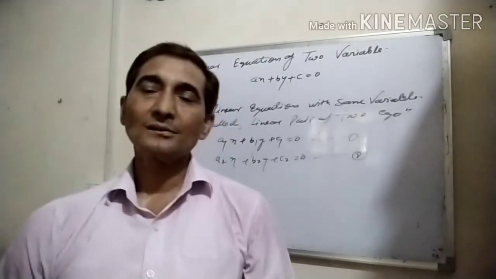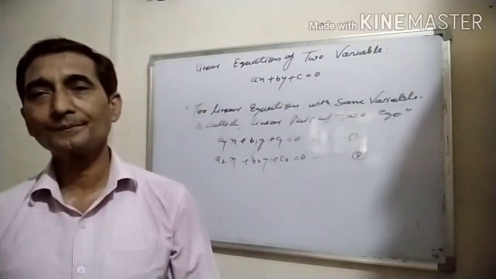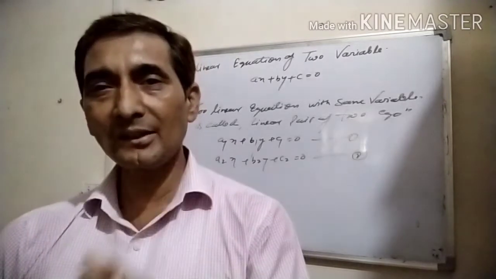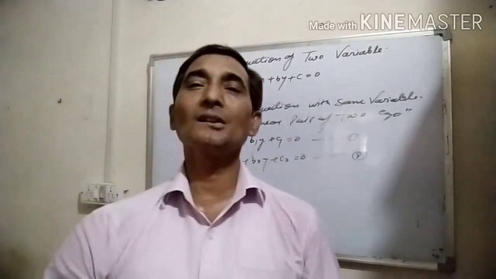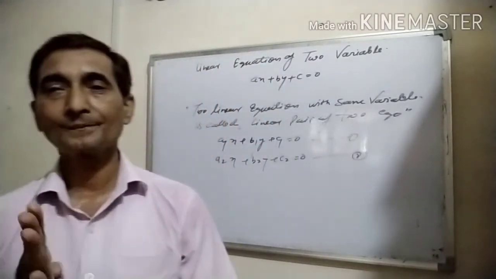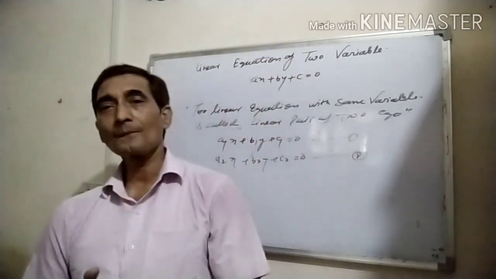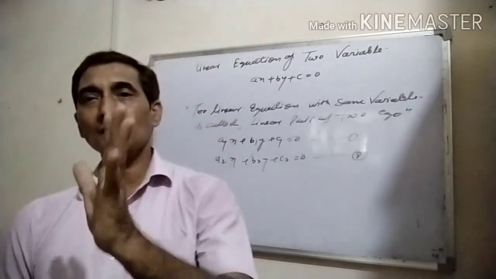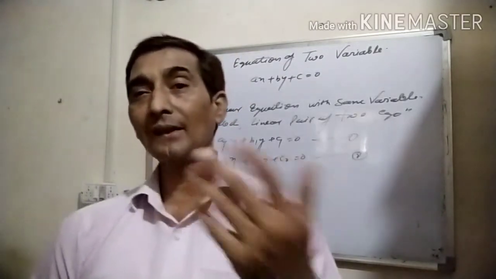Every point which lies on the straight line, the graphical representation of the linear equation, is called a solution of the linear equation. So you can say that for only one linear equation of two variable, the solutions are infinite.